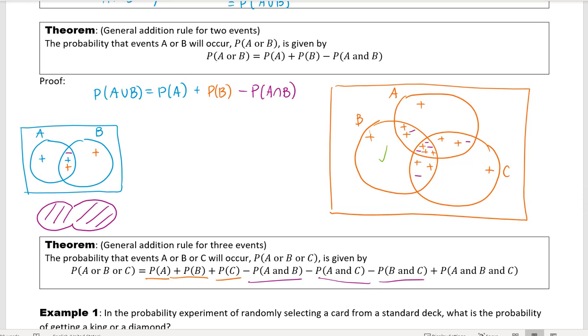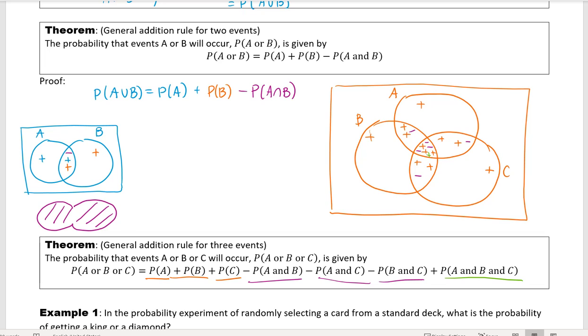And this is also good, this is also good, and this is also good. But the problem is the middle region. Do you see 3 plus and 3 minus? So actually we subtracted all of the middle region, so we need to add it back. So that's why we need to add A and B and C. A and B and C is this middle guy. Okay?